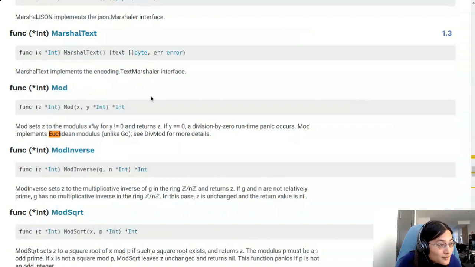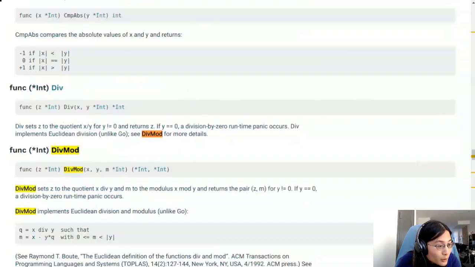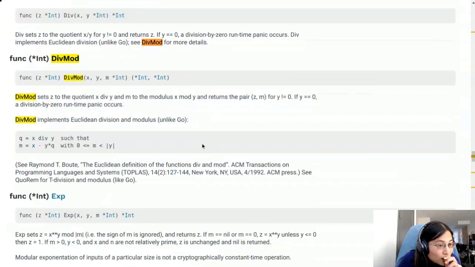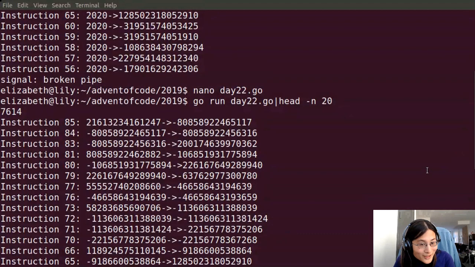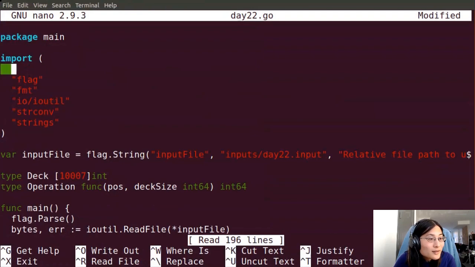Ah, clever. It actually just fixes it a little bit. Okay. Great. Okay. Important maths.